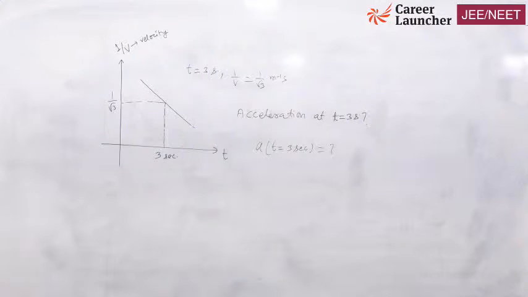Aryan Kulkarni, a equal to 3. Mehul, 1.45 meter per second square.